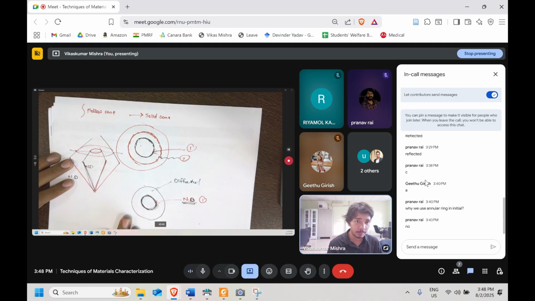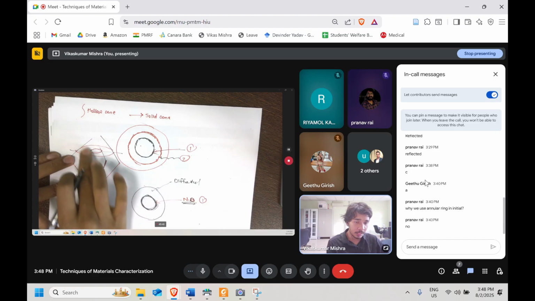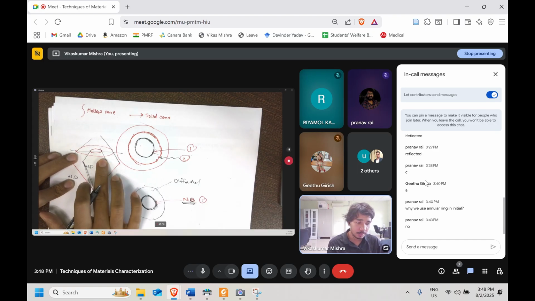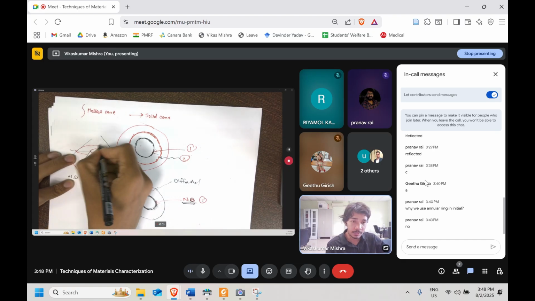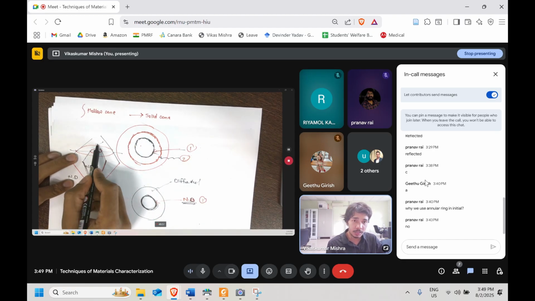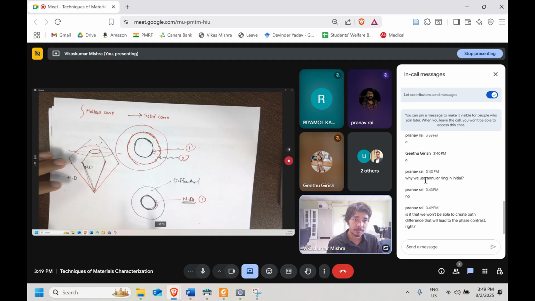This one is letting the diffracted beam to pass, but due to the thing that we have created, this is also passing through the diffracted region, even though it was not diffracted. Is it that we won't be able to create a path difference that will lead to the phase contrast, right? You will create a path difference, but with the different ring. With the same setup, if you are using the entire cone, you cannot create it.